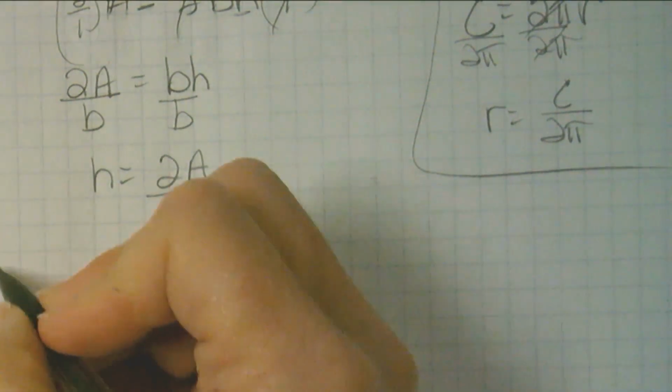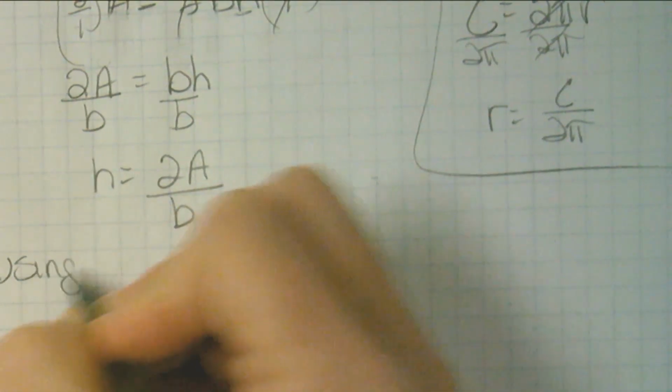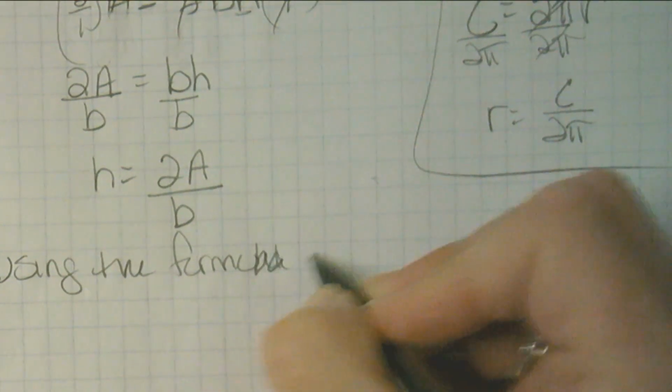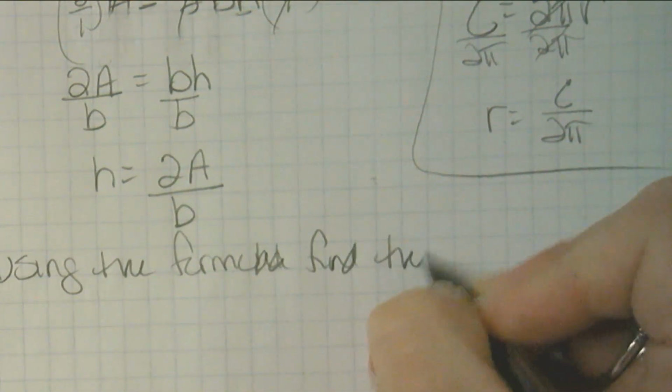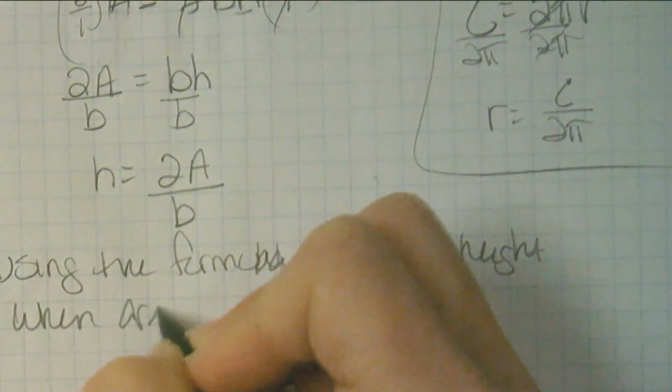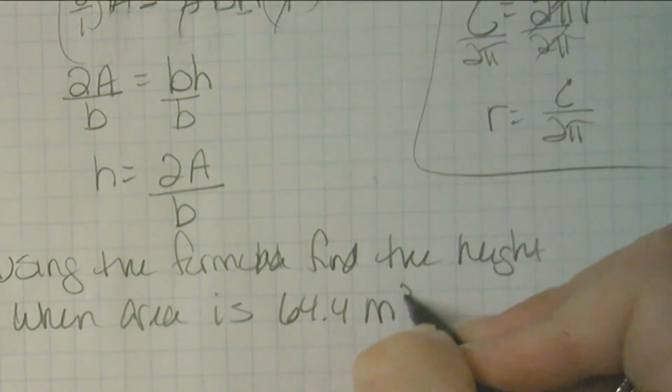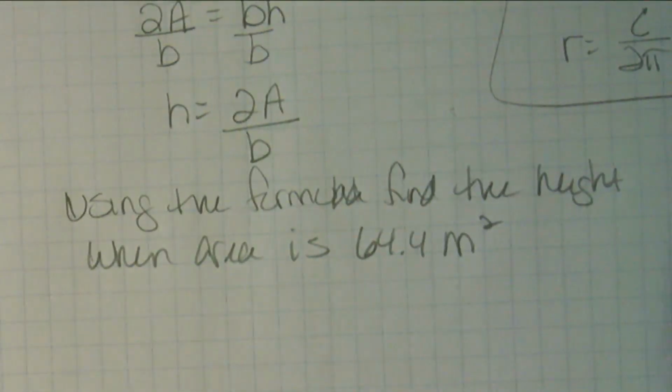So the last thing I want you to do is, using the new formula, find the height when area is 64.4 meters squared. So I want you to use that.